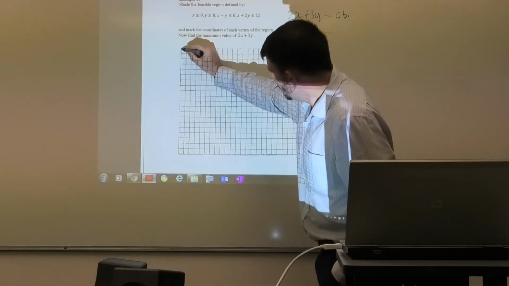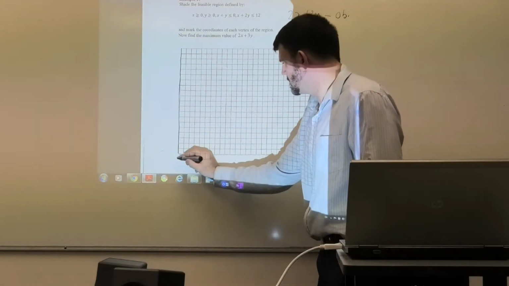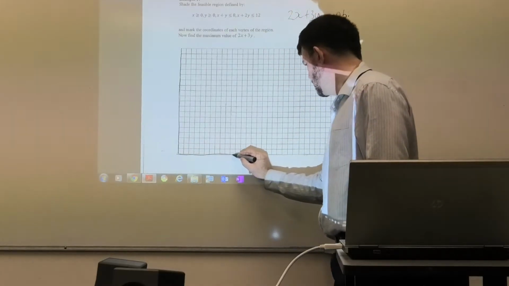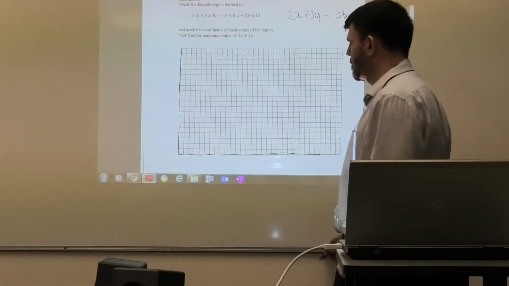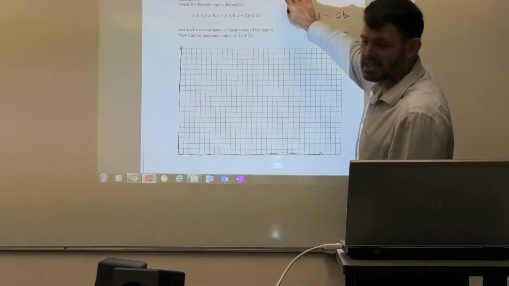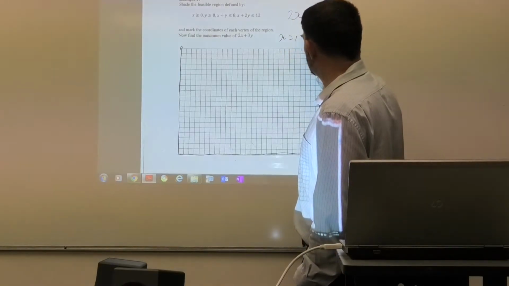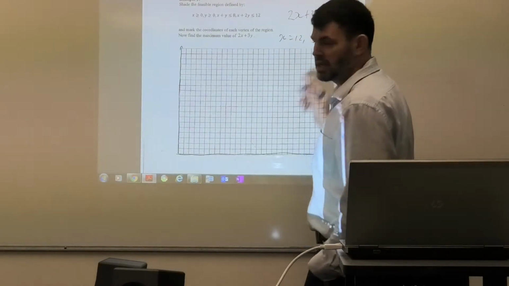Okay, so obviously you'll use a ruler with this, but just for this purposes, I'm going to go without it. Okay, so x, we said before, was going to be 12, and y was equal to 8.